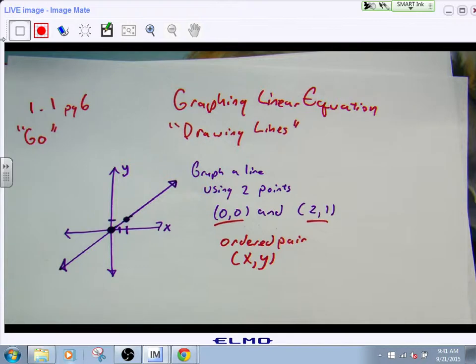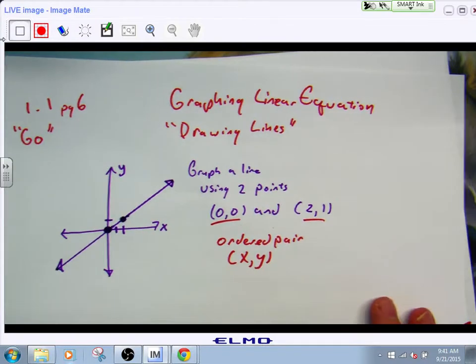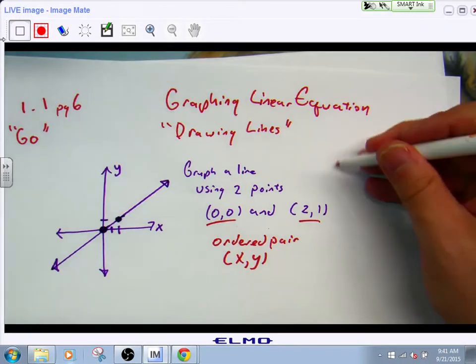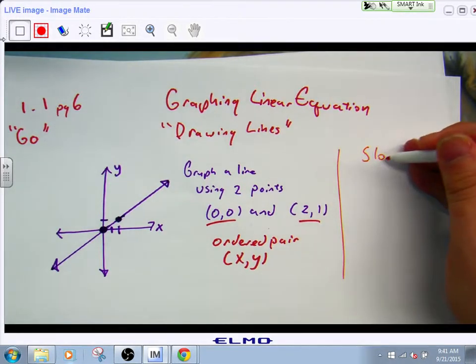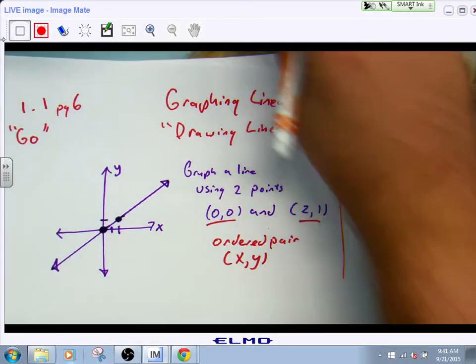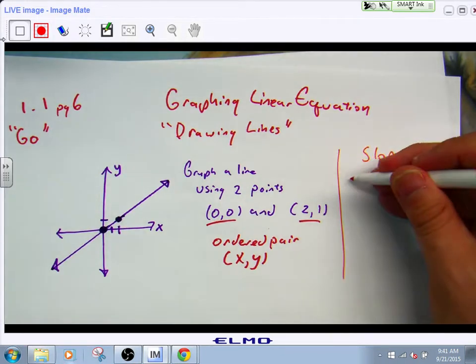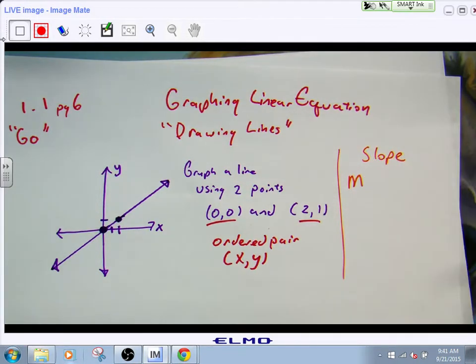Now, there is one more thing it will be asking us to do, and that is to understand this concept called slope. Okay? Now, slope is often abbreviated as m.